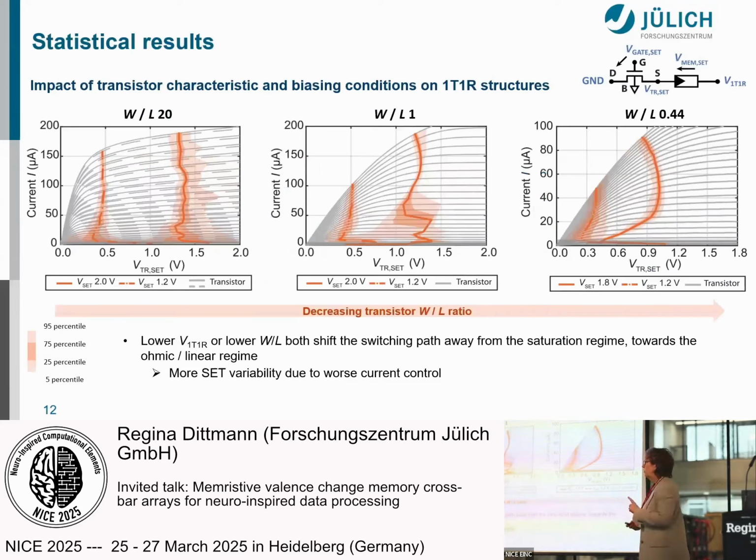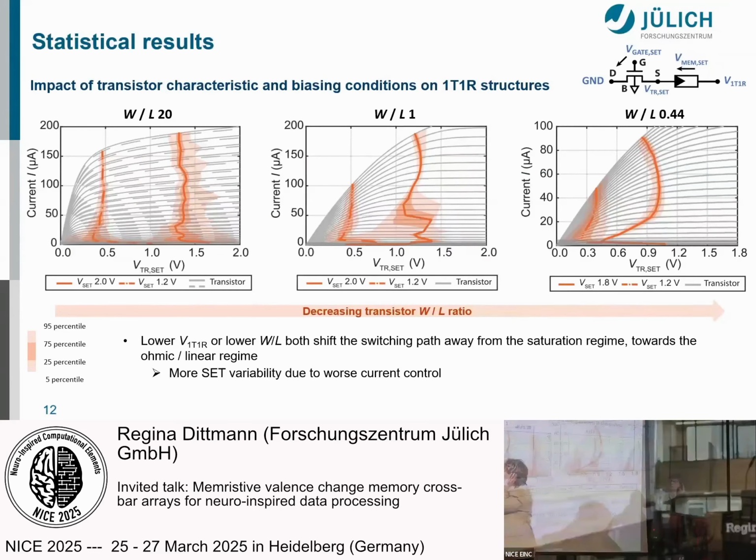This is finally a nice overview which shows, for the two different voltage pulses, the operation point of the transistor for low voltage and high voltage, for three different sizes of the transistors. What you can see here is that if you would like to operate really in the saturation regime of the transistor, you have to take the large transistors.